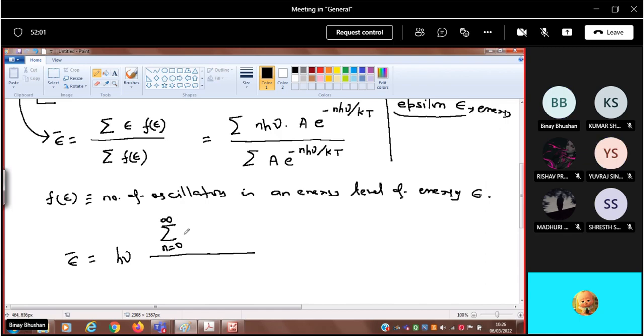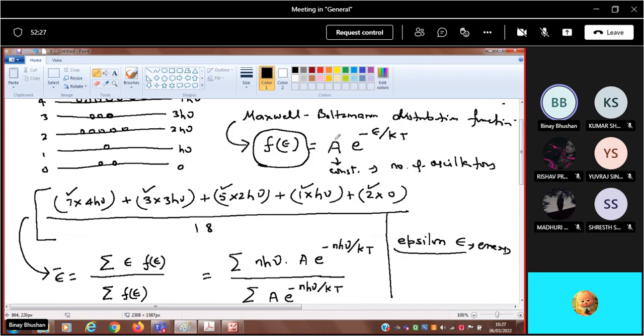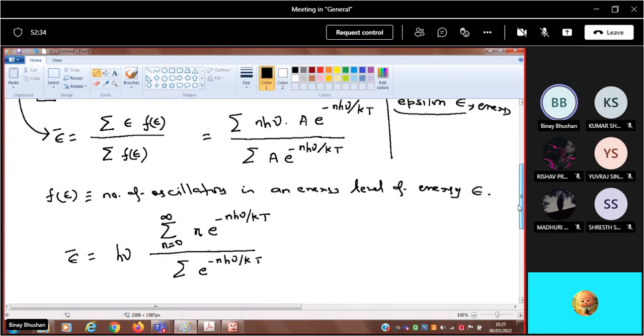So hν, then n e to the power minus nhν by kT, and this again divided by e to the power minus nhν by kT. A will again come outside of summation because A is a constant. I have already written above that A is a constant which depends on the number of oscillators. So A will get cancelled.